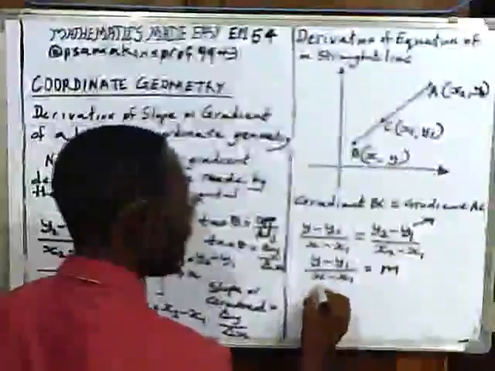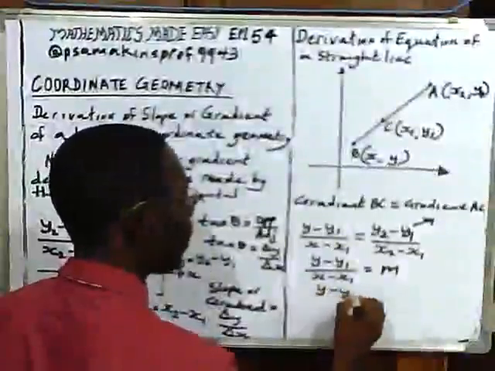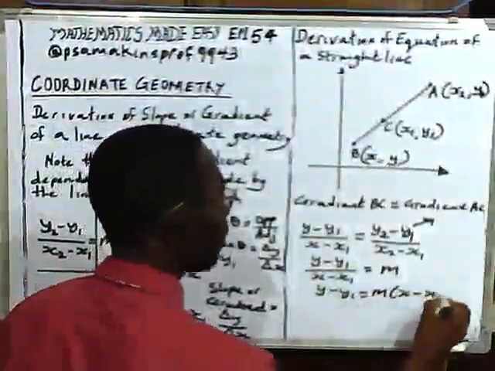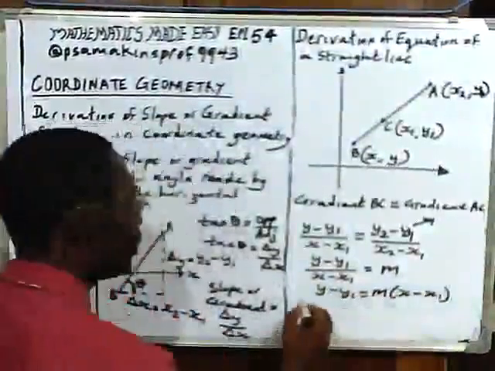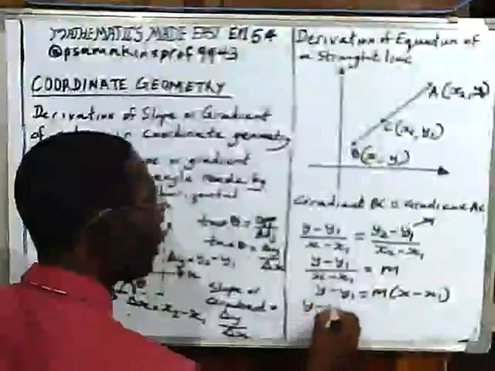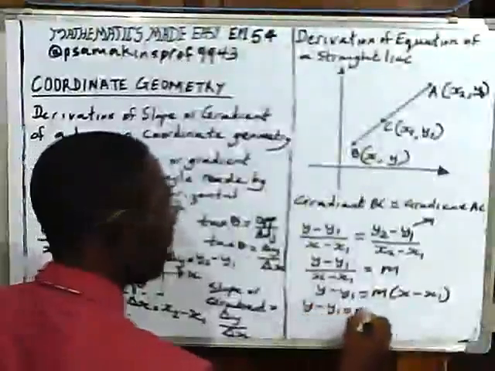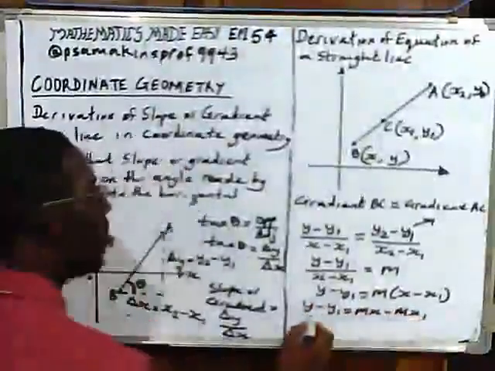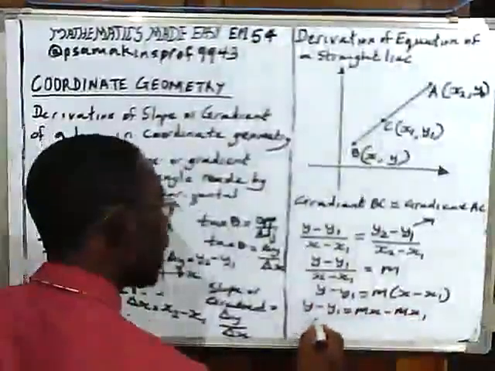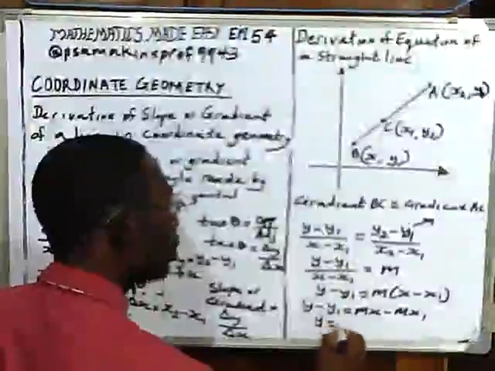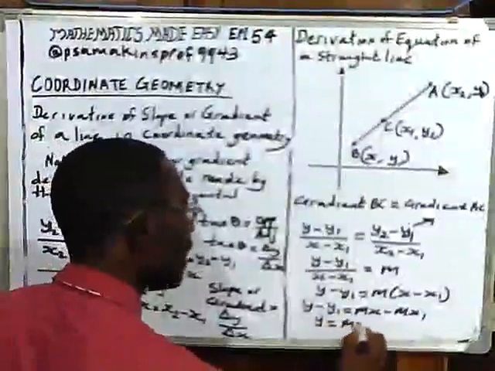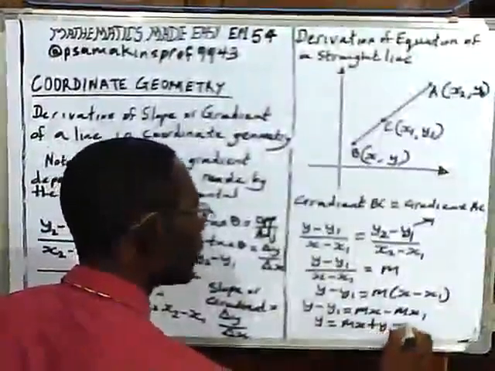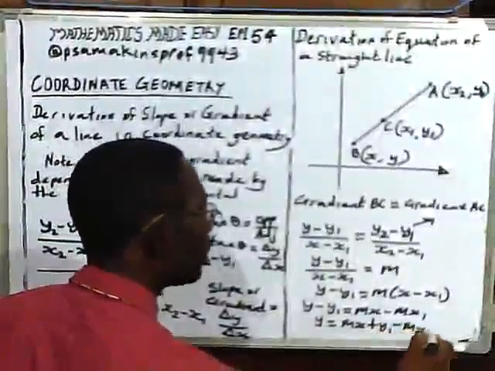If I cross multiply, I will have y minus y1 equals m into x minus x1. Now if I open the bracket, I will have y minus y1 equals mx minus mx1. If I make y the subject of the formula, I will have y equals mx plus y1 minus mx1.